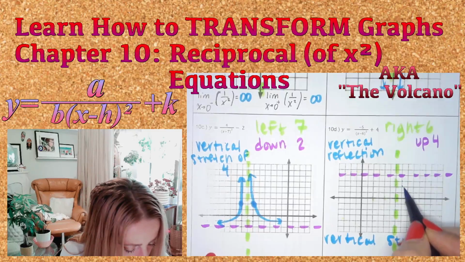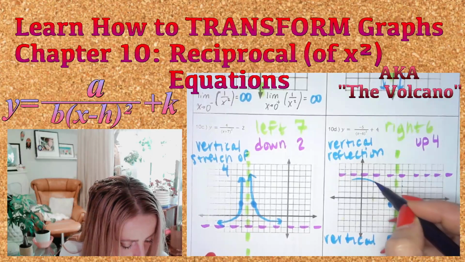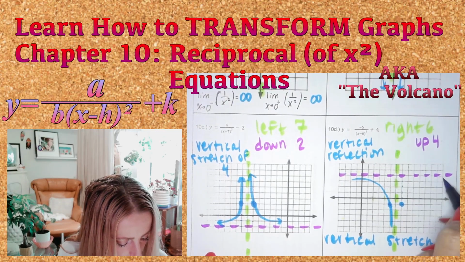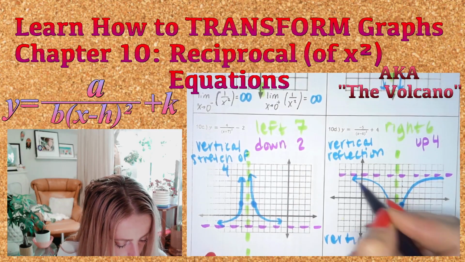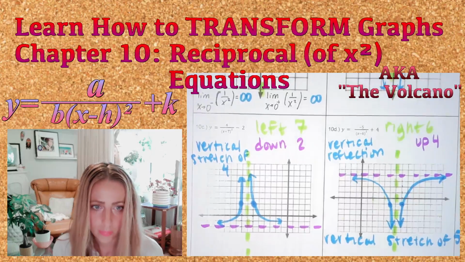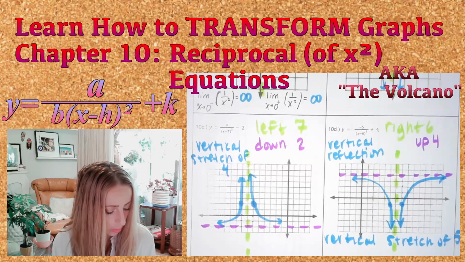So 1, 2, 3, 4, 5. And there you go. That's it. All finito.